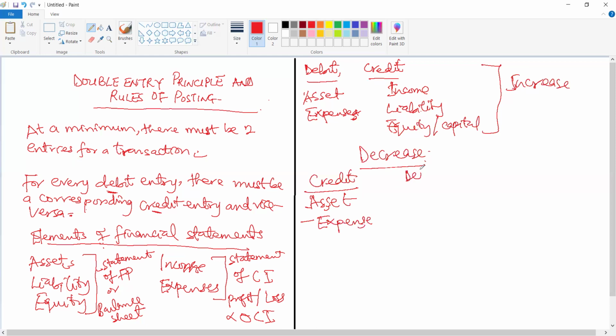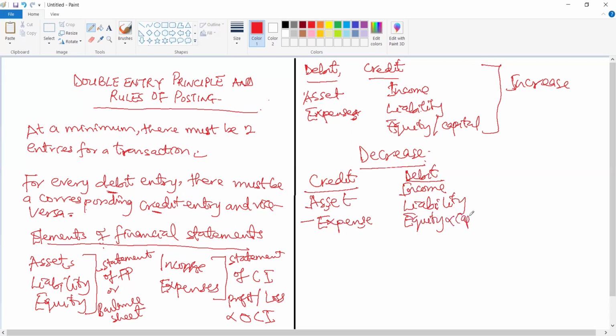While debit decreases our income, it will also decrease our liability, and it will also decrease our equity and capital.